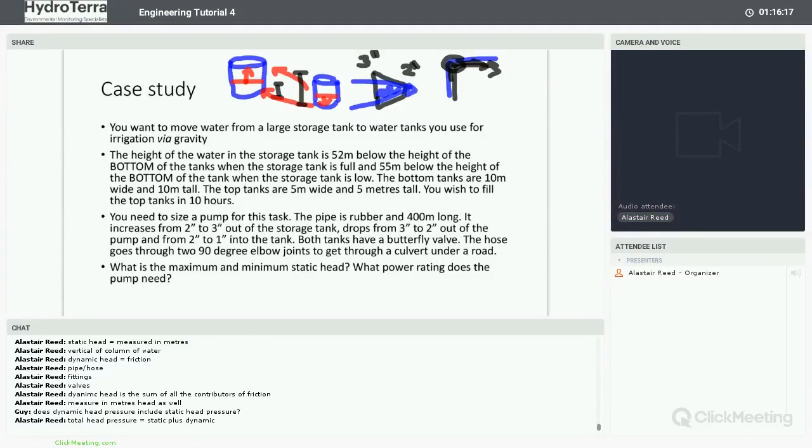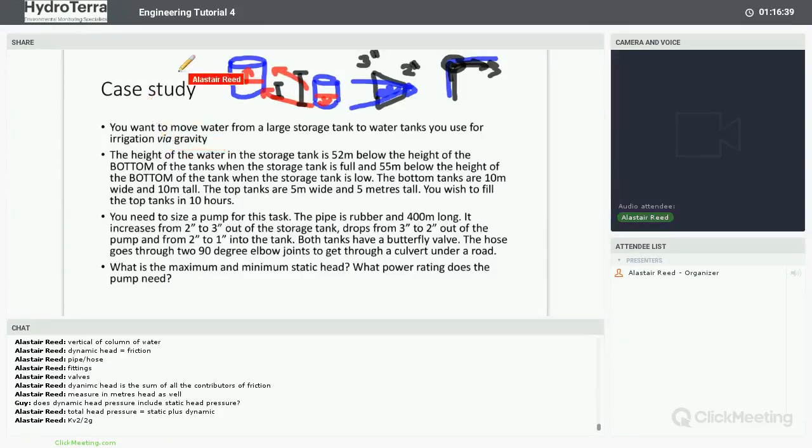Static head, no problem. Dynamic head. Here's a good example of why I've supplied a spreadsheet for you to help you calculate dynamic head.